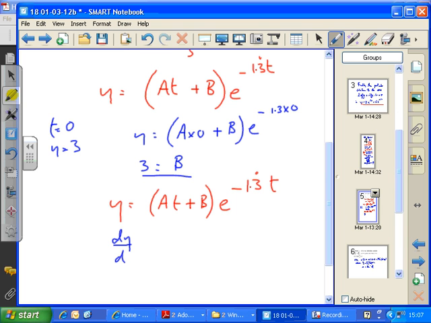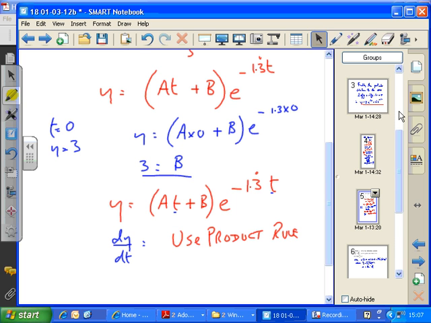If you look at it, t occurs twice, so I've got two functions. So I need to use the product rule. Look back and remind yourself what the product rule is.